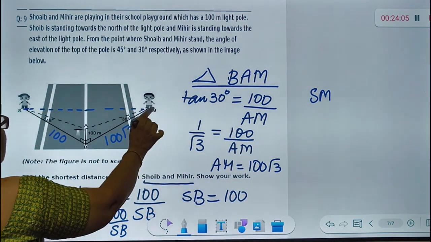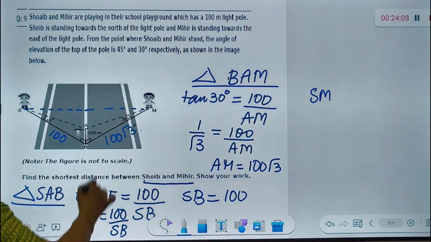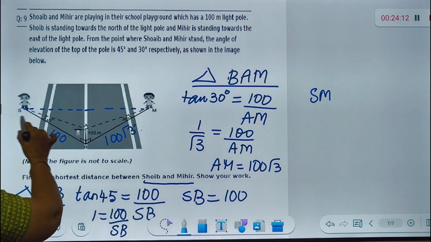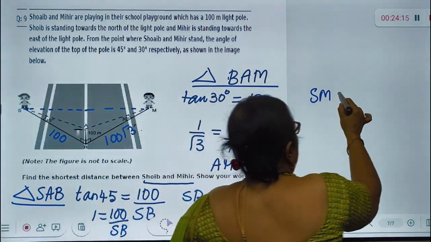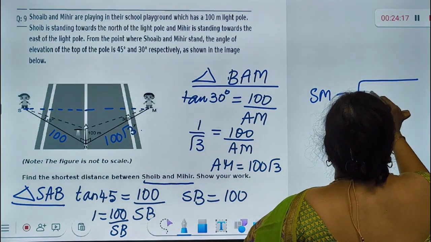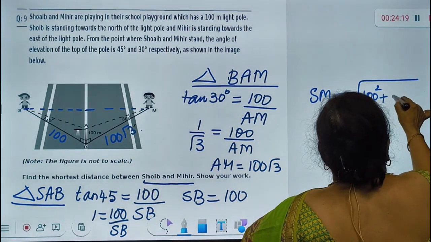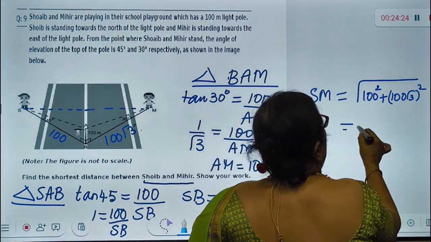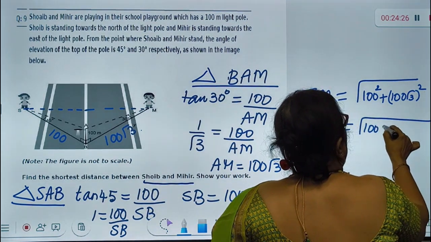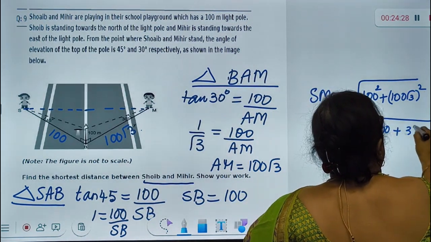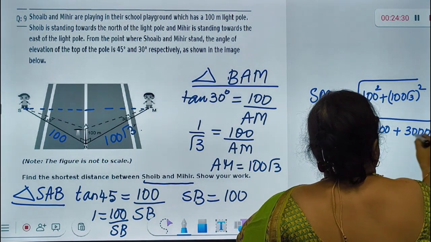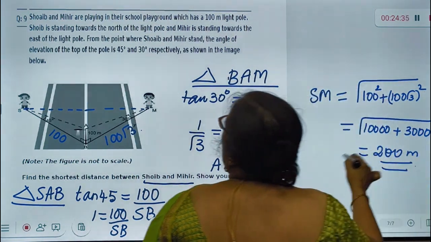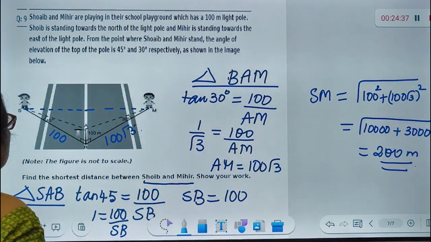Now look at the triangle SBM. So, the distance SM is equal to root of 100 square plus 100 root 3 square, which is 200 meters. So the distance between them is 200 meters.